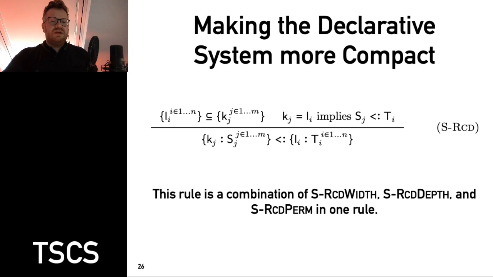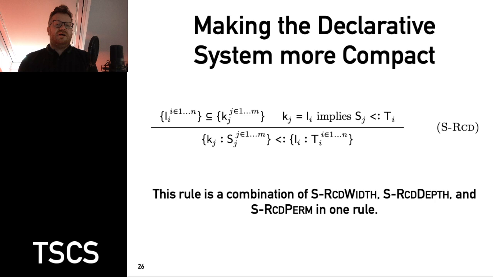We can roll this into one, and this is the sRCD rule. This is the same thing, but for didactic reasons, we had these three rules that separated these concepts out. You can express the same thing, and you can actually show the equality here if you like, in just one rule. And this just subsumes everything that we've heard before.